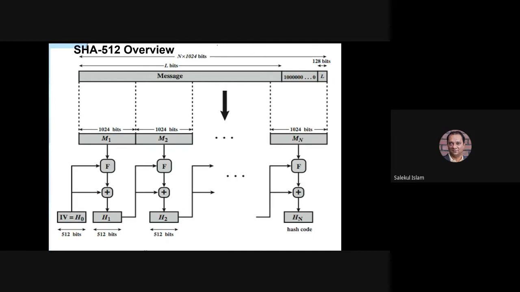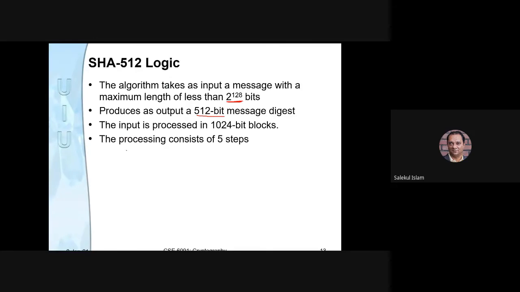And then if this L is not a multiple of 1024, what does it mean? Say for example, L is equal to 3000. Now my question is, is this a multiple of 1024? No, sir.